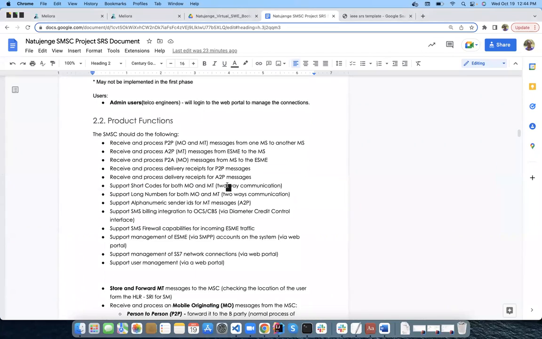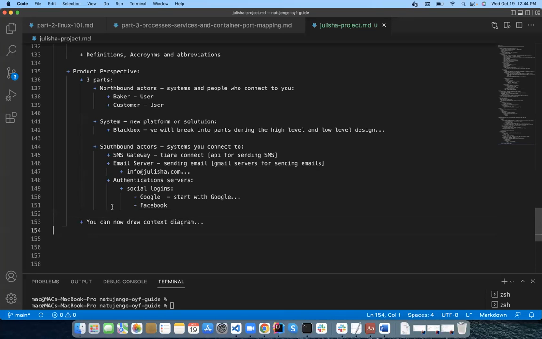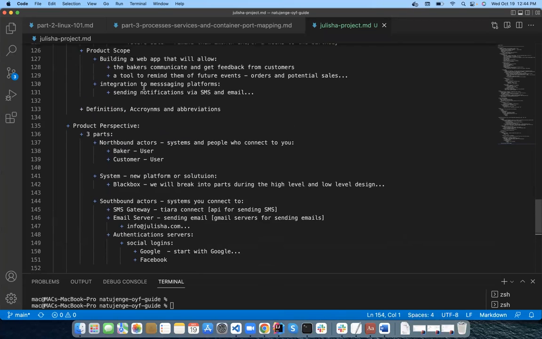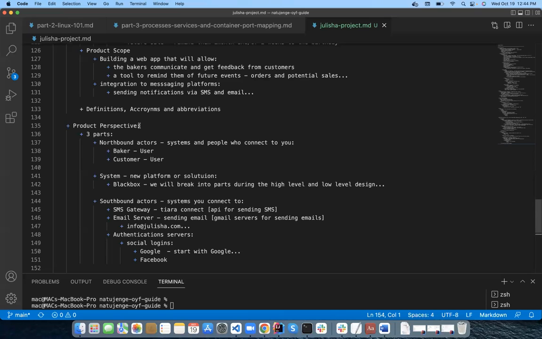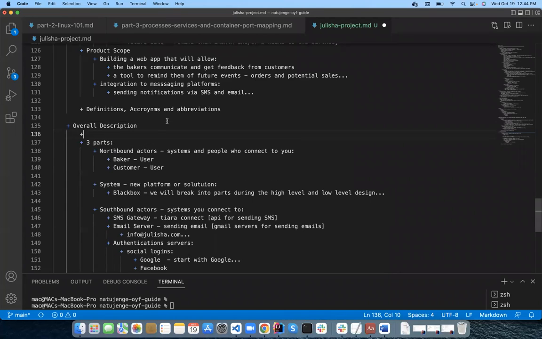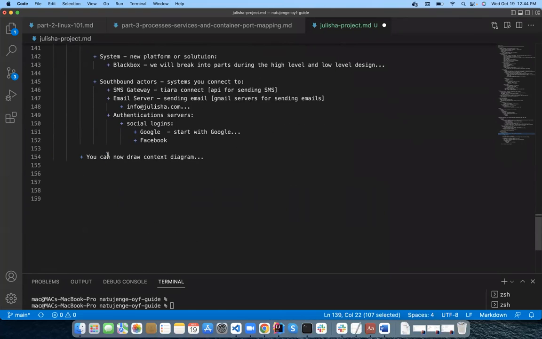Yeah. So the next thing still under chapter 2, we have the product perspective, and this chapter is the overall description. So here we are describing the solution in detail. Why are we doing this? Because the guys who will develop this solution do not necessarily have to be on this call today.